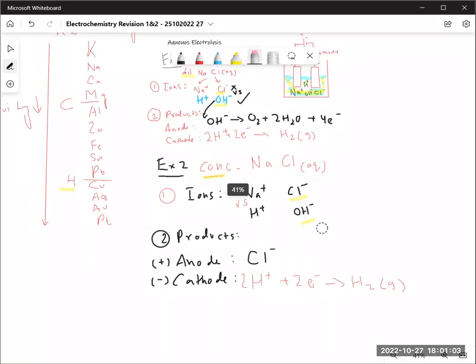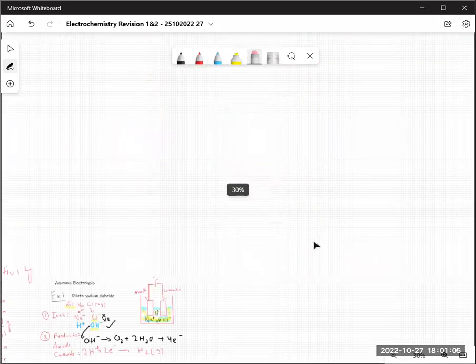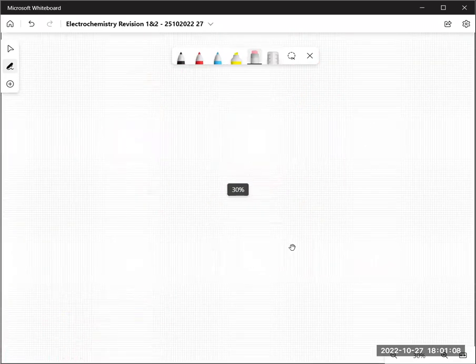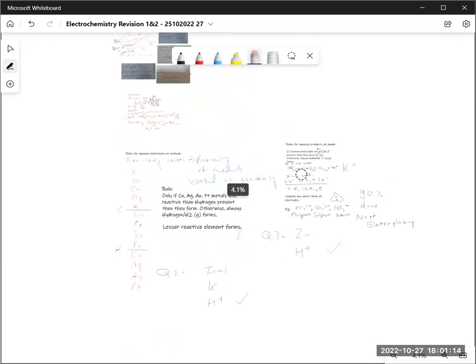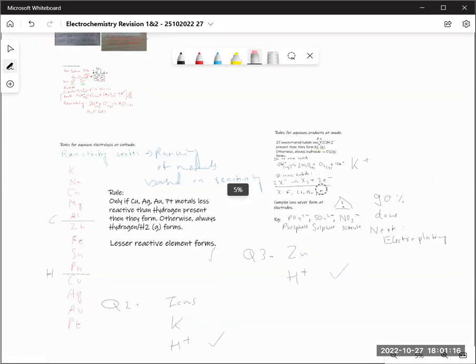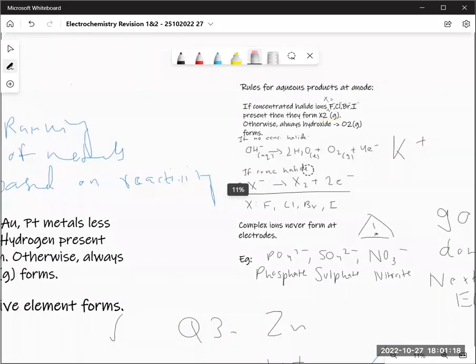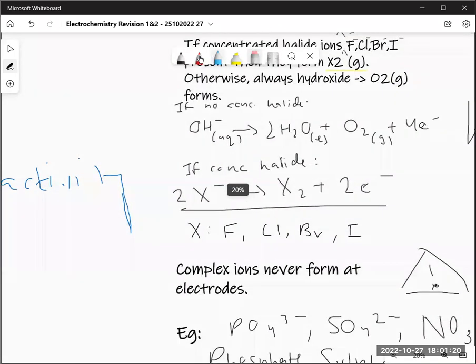Actually, let's look at the rule again. That's in your notebook. We just have to apply it. What is the equation when I have a halide present? Look. What is the equation?